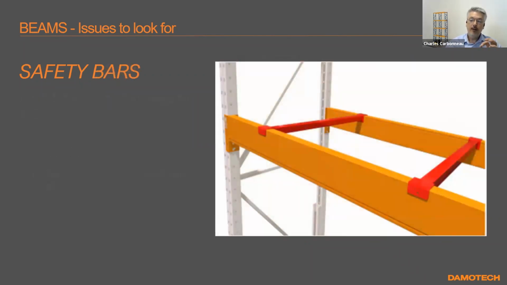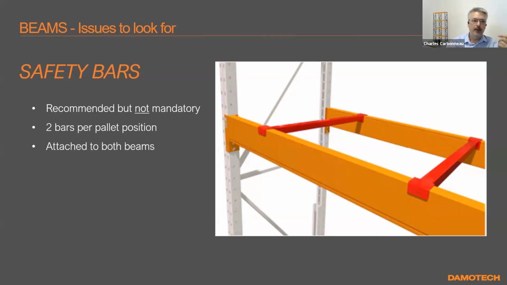Safety bars, they are not mandatory by the code, right? So you could operate without them, but if you do have them, they must be attached to the front and to the back beam. We don't see that often. It's rare that people do, just because they don't know. You have to have at least 2 bars per pallet position.